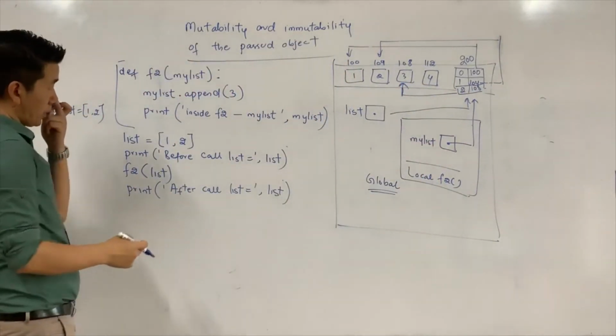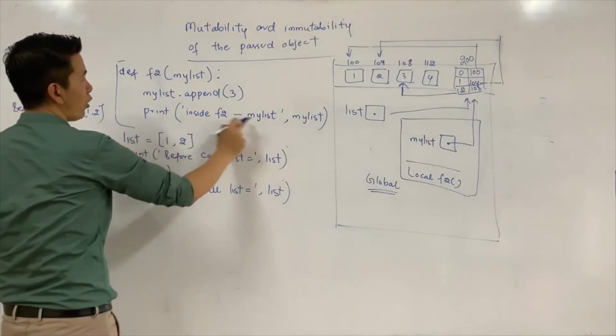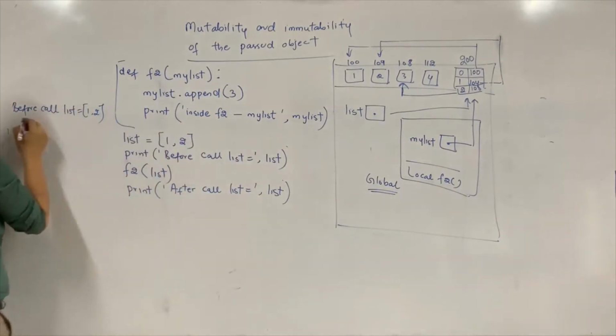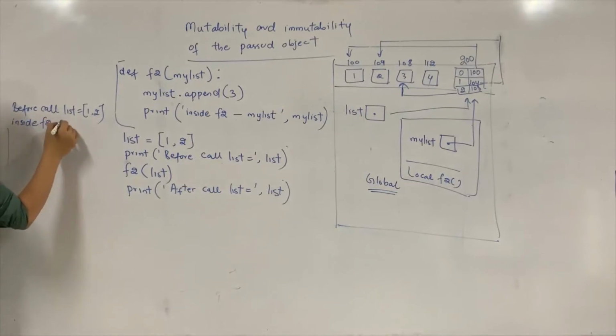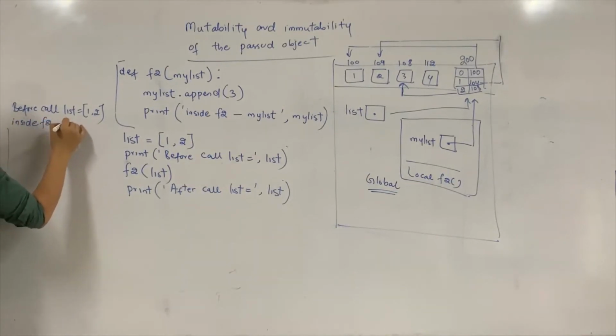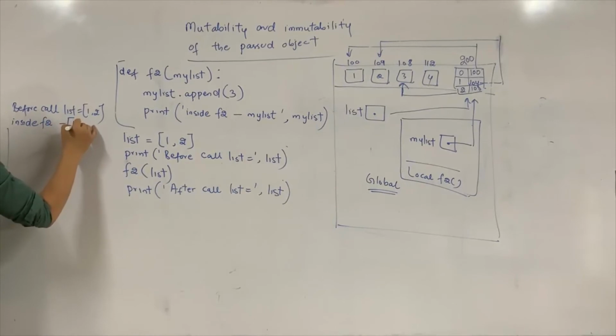And then it's time for the print statement. I won't write the entire thing. Inside f2, my list will be 1, 2, and 3.